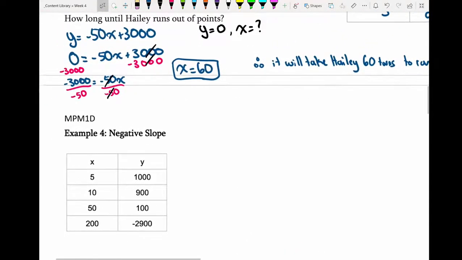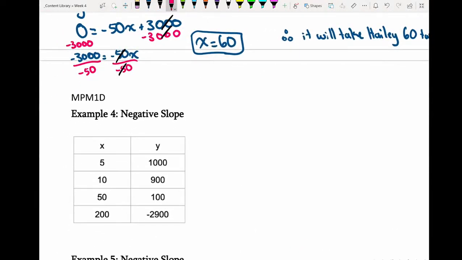The next example is going to be a negative slope. So the only thing that's changing is just what our slope is going to be. We have a table of values. We kind of know the steps by now. Find the change in y, find the change in x, and see what we get. So we can see that the y value is decreasing, in this case by 100. In the next one we decrease by 800, so minus 800.